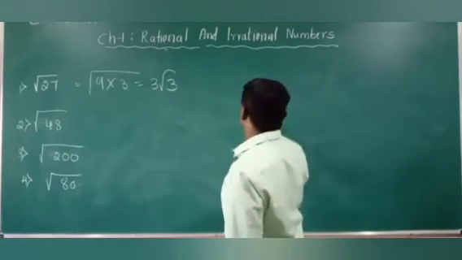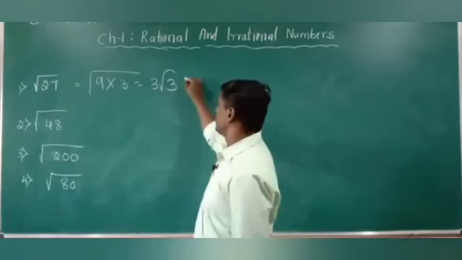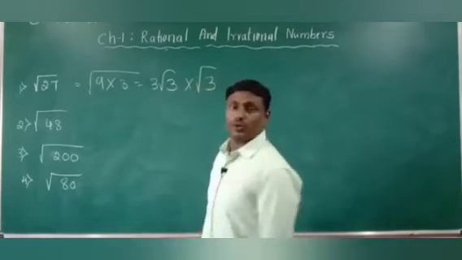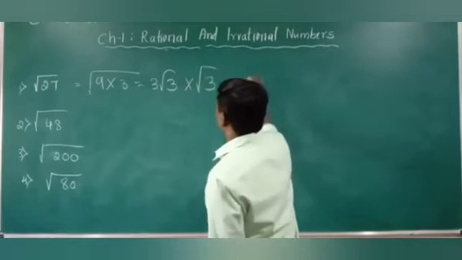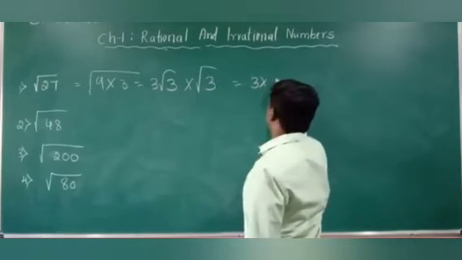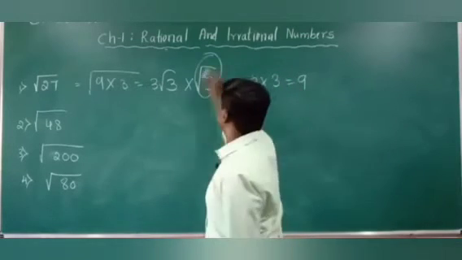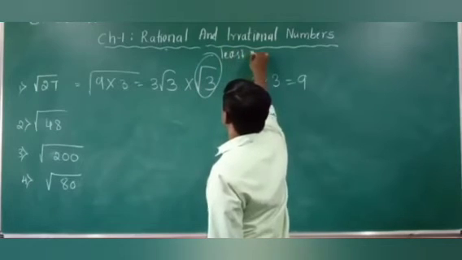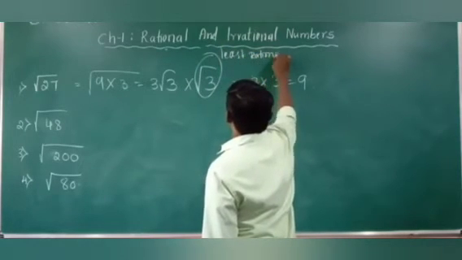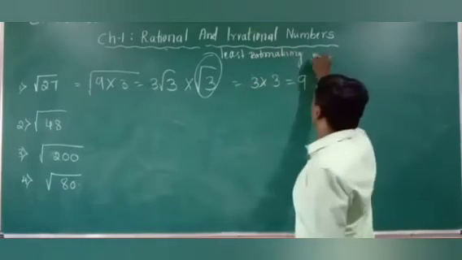What do we need to multiply to convert 3 root 3 into a rational number? We need to multiply by one more root 3. So 3 as it is, root 3 into root 3 is 3, that is equal to 9. Here root 3 is called the least rationalizing factor.